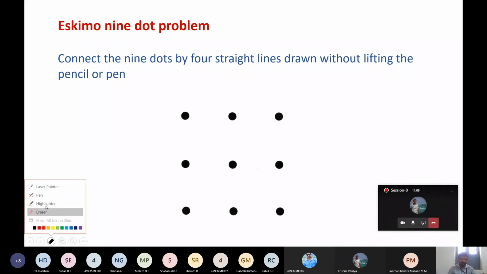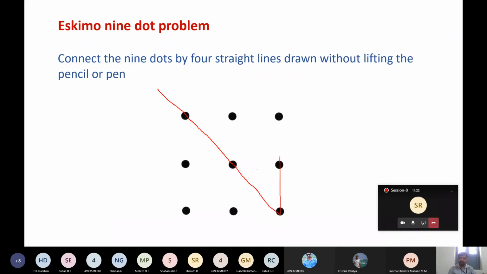I am able to connect all 9 points using 4 lines only when I move out of this boundary like this.